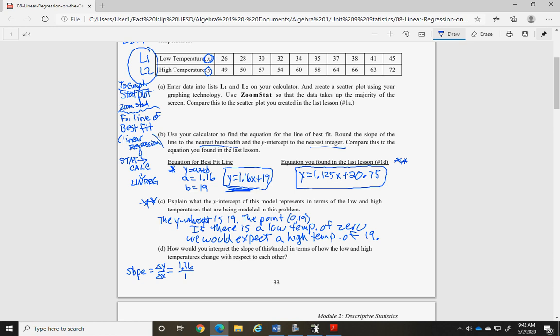So how would you interpret the slope in terms of how the low and high temperatures change with respect to each other?